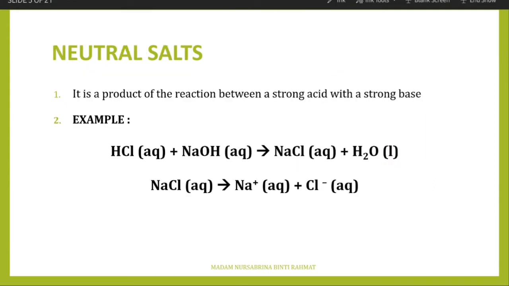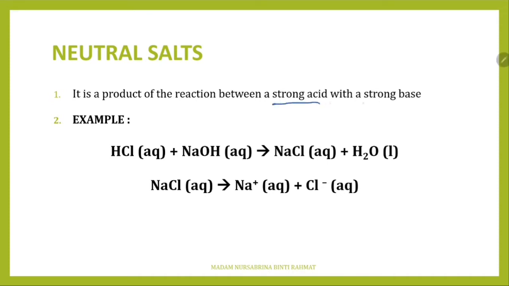All right, so let's first understand neutral salts. Neutral salts are a result of reaction between a strong acid and a strong base. Examples of strong acid are HCl, and for strong base is NaOH. In my first video, I already explained the definitions of strong acid and strong base.